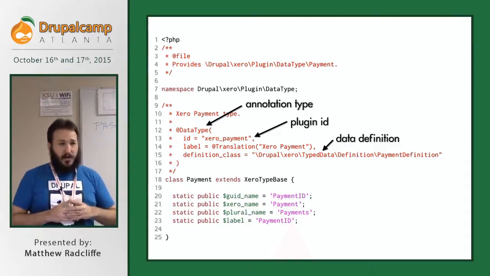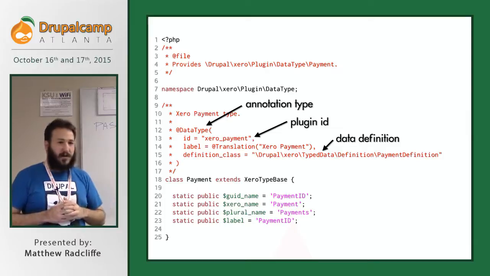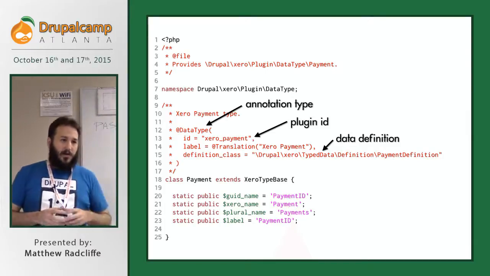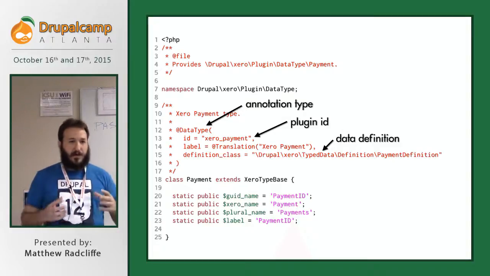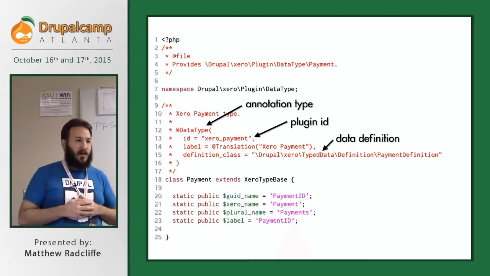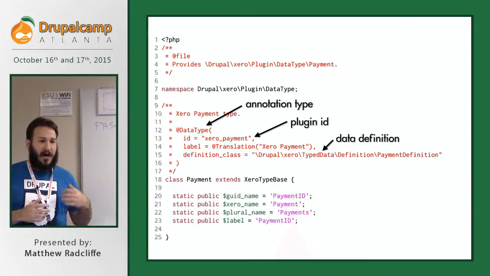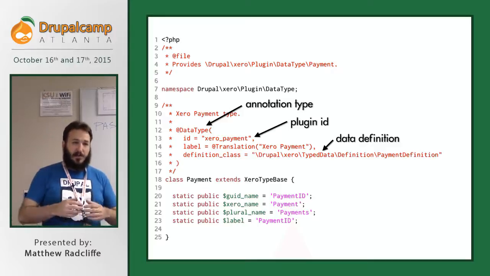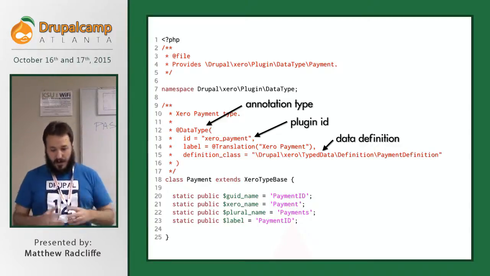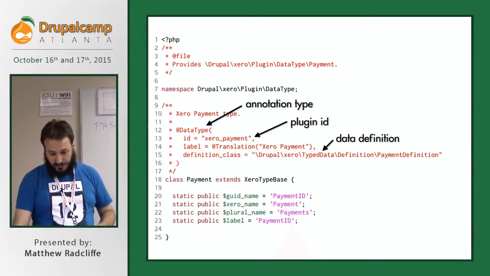And finally, not all data types have this, but a data type can have what's called a data definition class. Simple primitive data types like a string or a float can all inherit from a kind of base data definition. But when we get into composite data types, or data types that have lots of properties themselves, or hierarchical data types, we need to define our own definition class.